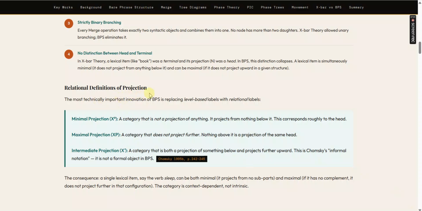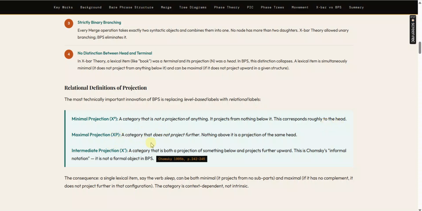Relational definitions of projection. The most technically important innovation of BPS is replacing level-based labels with relational labels. Minimal projection, that is the head: a category that is not a projection of anything, it projects from nothing. This corresponds roughly to the head.